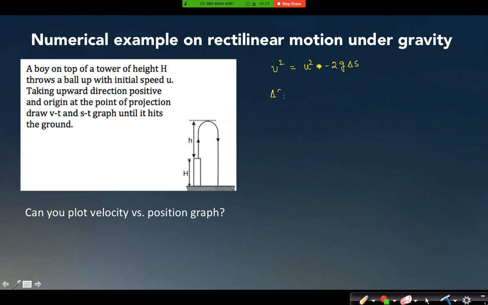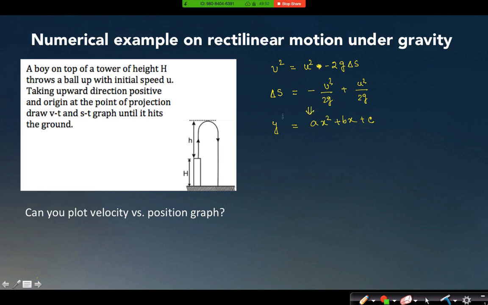If I slightly modify this equation, what is delta s? You will find it is minus v square by 2g plus u square by 2g, right? And if I try to write this equation as y equal to ax square plus bx plus c, can I write this equation in this form?